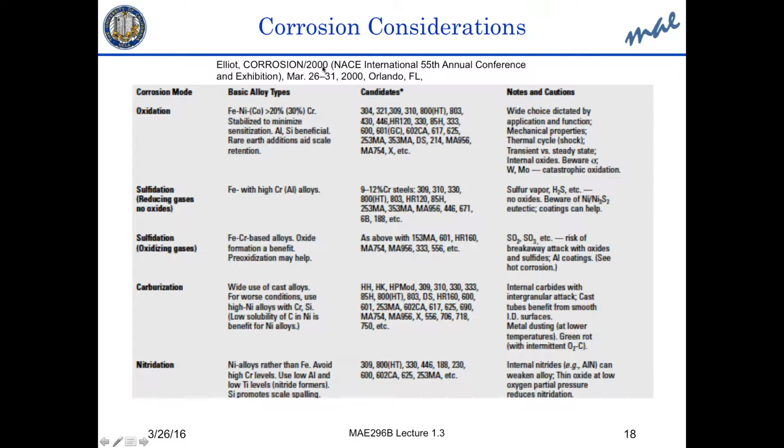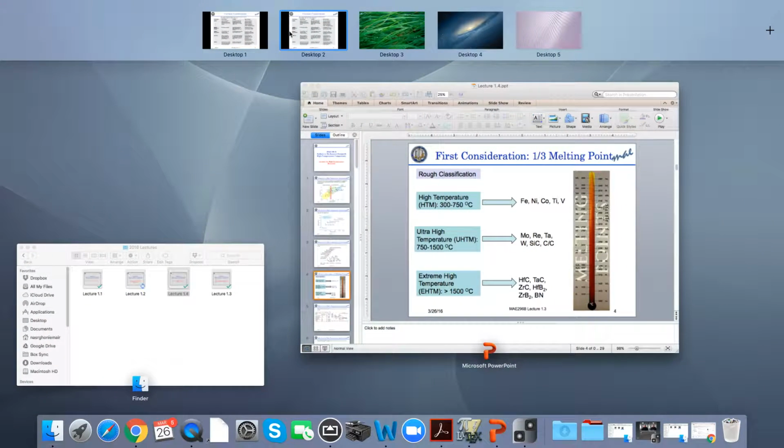The final consideration that I want to refer to is corrosion, because corrosion is a process that must exist for high temperature materials. And the reason is very simple, because if we rely on cooling to remove the heat, then we have to cool with a fluid. And if we cool with a fluid, we have either a gas, and the gas can be active gas.